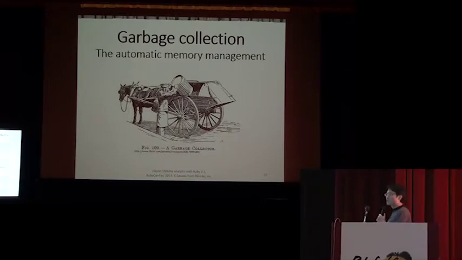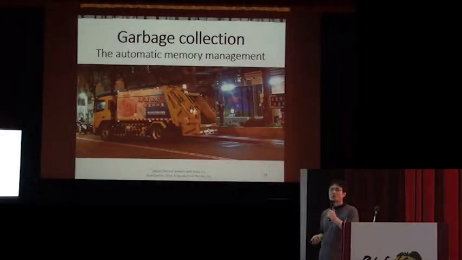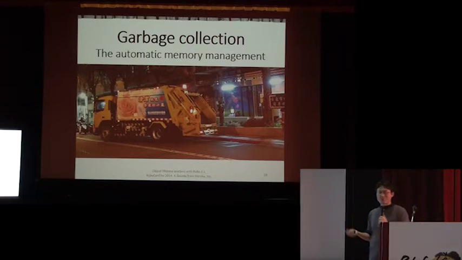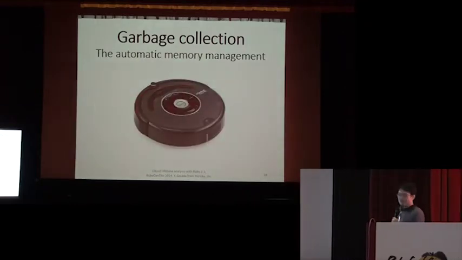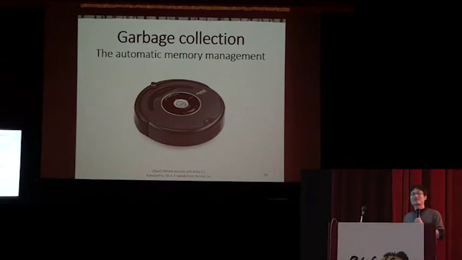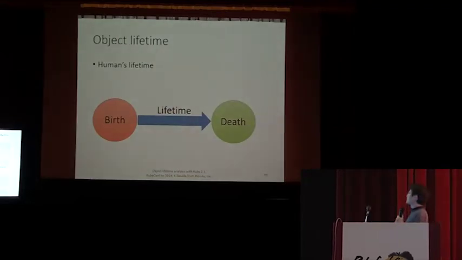So the recent garbage collector is here. And also, these days, we have an automatic garbage collector in our home. And also, Ruby has a smart garbage collector. Back to Ruby.